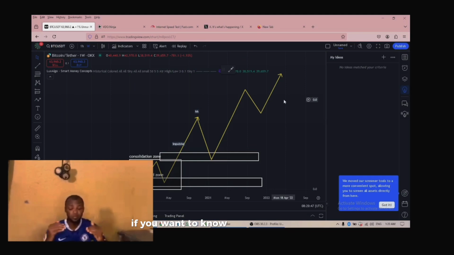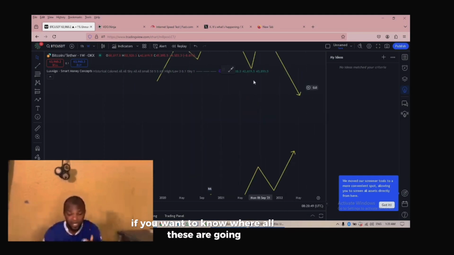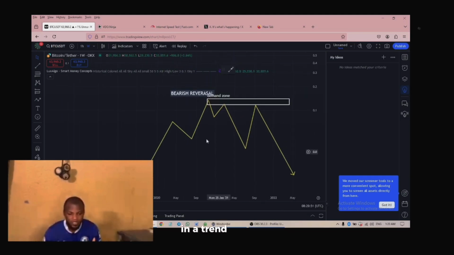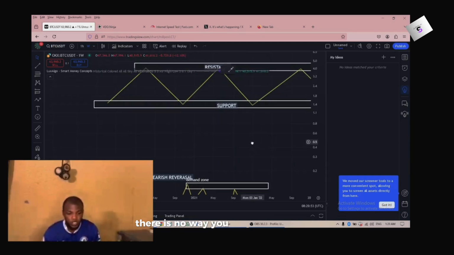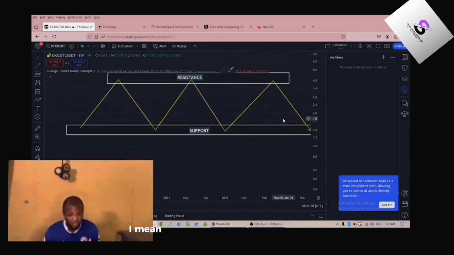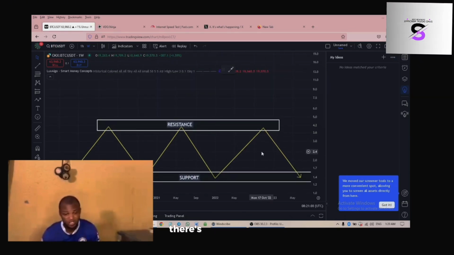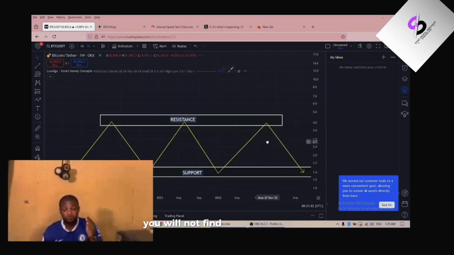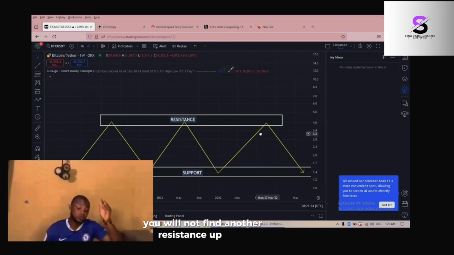Or perhaps if you want to know where all these are going, in a chart that has history, there is no way you will not find another resistance up there.